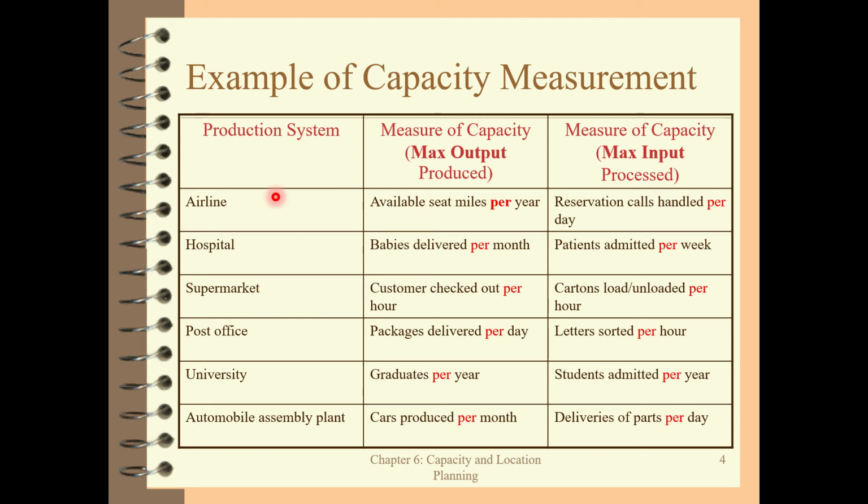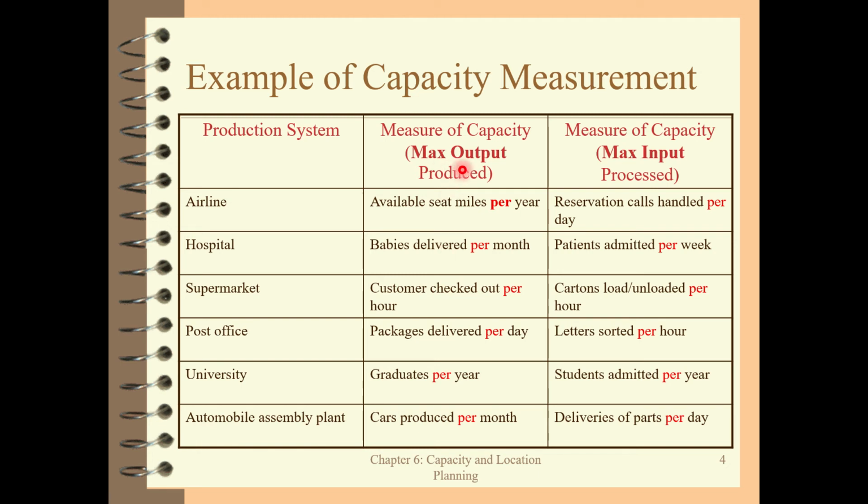Right? Okay. So here is the system. The first system is airline. I think the easiest one is the automobile assembly plant. This is a manufacturing company, right?